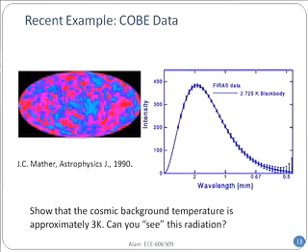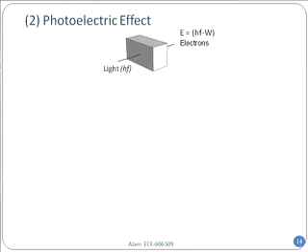By the way, this you cannot see because this is in the microwave range. Now, the second experiment was the photoelectric effect. What is the photoelectric effect? If you take a semiconductor and shine a flashlight on it, you will see that electrons, like popcorn, get out of that material.